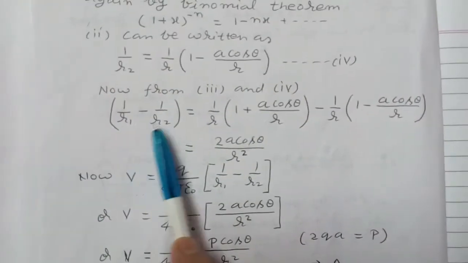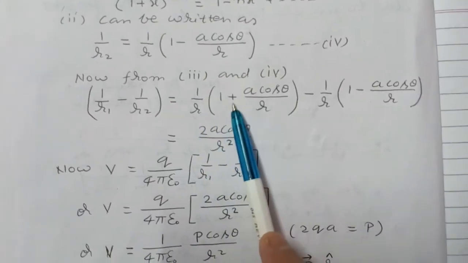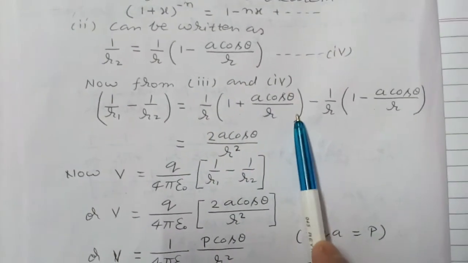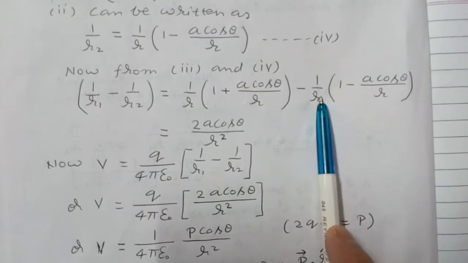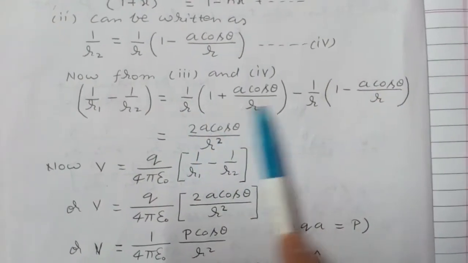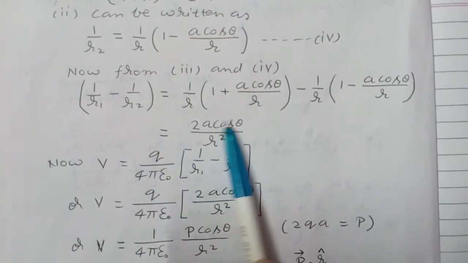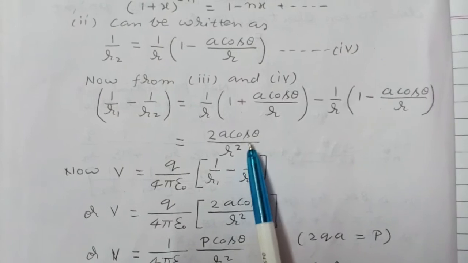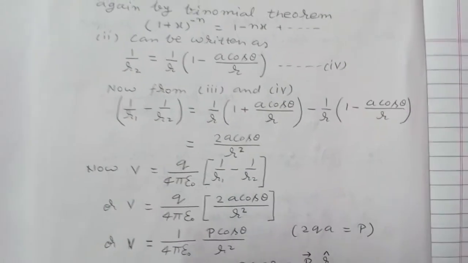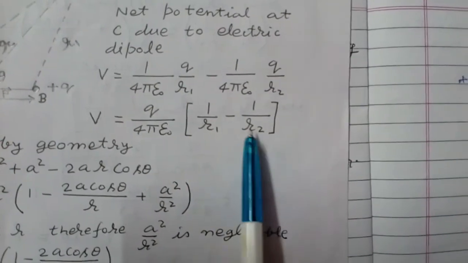Now 1 by r1 minus 1 by r2 will be equal to 1 by r, in bracket 1 plus a cos theta by r, bracket closed, minus 1 by r, in bracket 1 minus a cos theta by r. 1 by r and 1 by r cancel each other, so this becomes equal to 2a cos theta by r square.